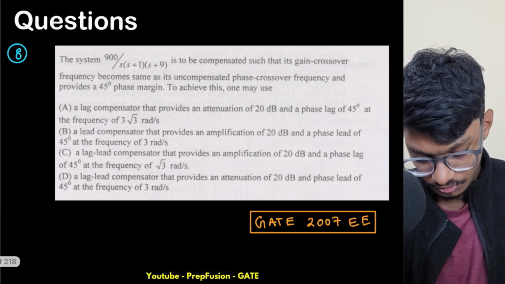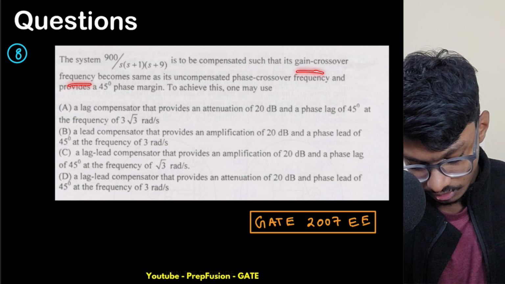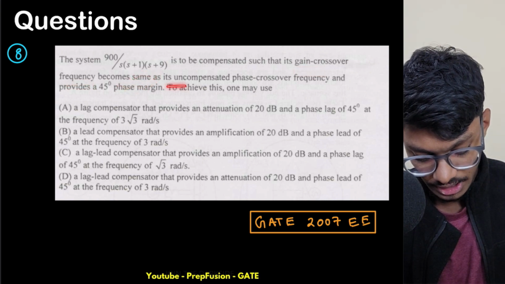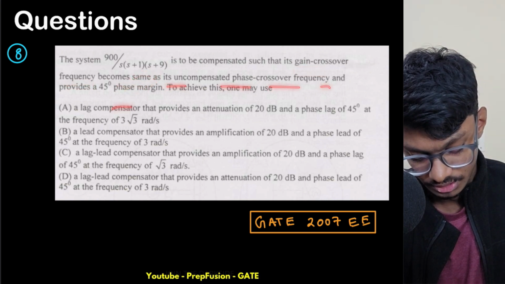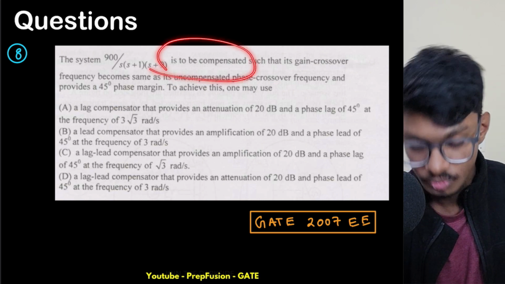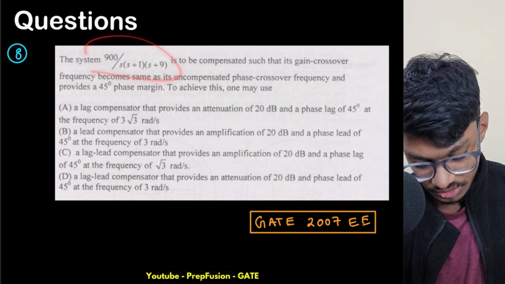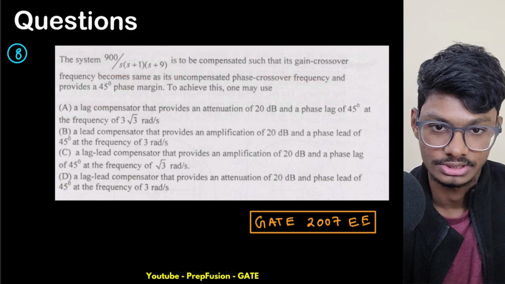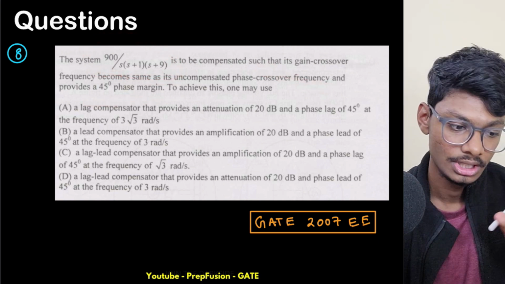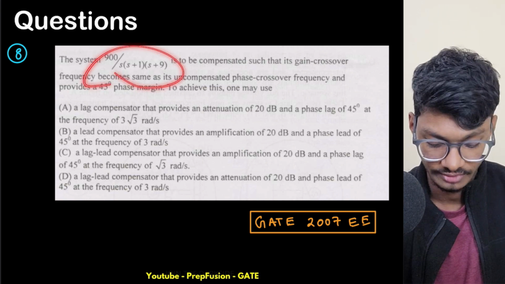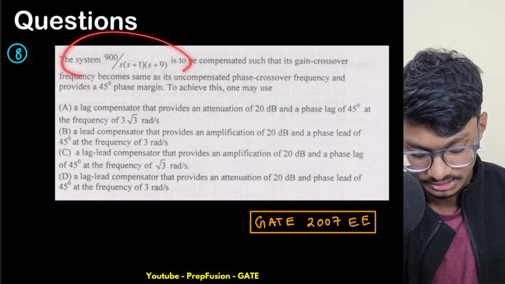And its gain crossover frequency becomes the same as its uncompensated phase crossover frequency. So this system is to be compensated. This is an open loop, because we're talking about gain margin and phase margin, and these are only valid for the OLTF. From that I am able to understand they are talking about the OLTF.